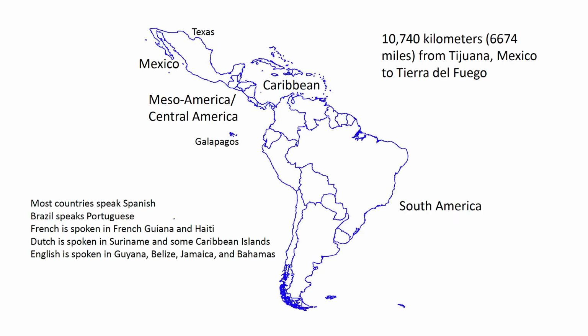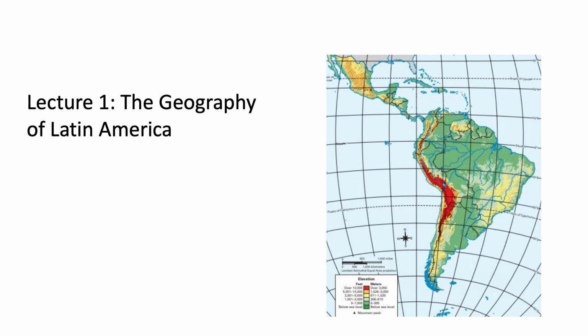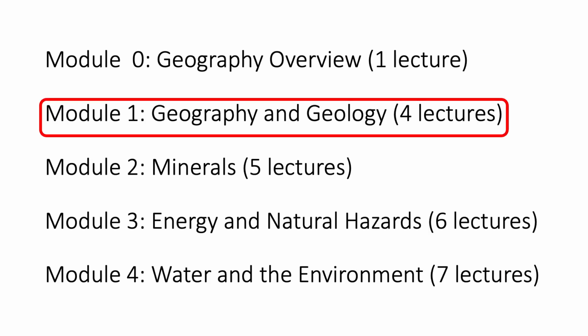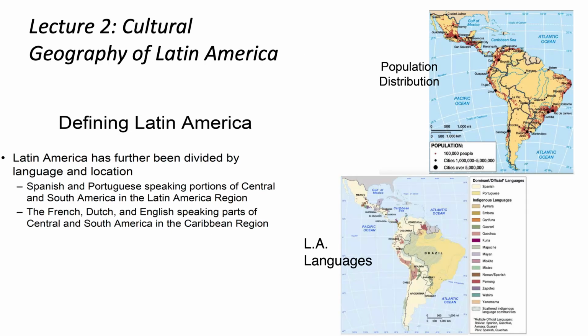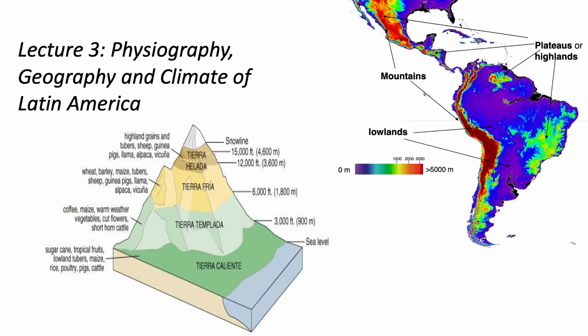Because it is so important you understand where these things are in Latin America, the course begins with a lecture on the geography of Latin America, its regions, nations, and important physical features. The next 4 lectures in Module 1 begin by outlining the cultural geography of the region, and then its physical geography.